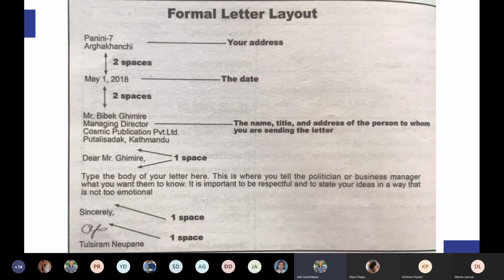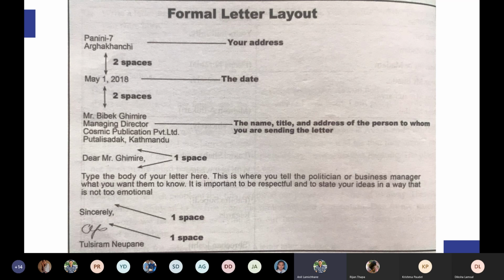According to the subject matter, the paragraphs will be developed in the body. Two paragraphs, three paragraphs, whatever. As many paragraphs as you develop, one paragraph and then one space gap, another paragraph, one space gap, this way.